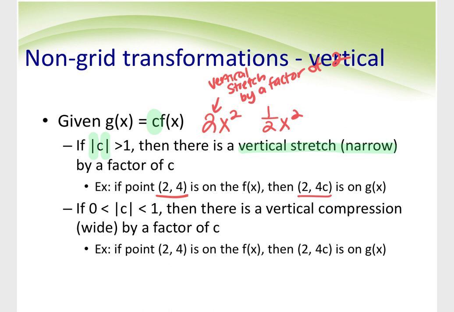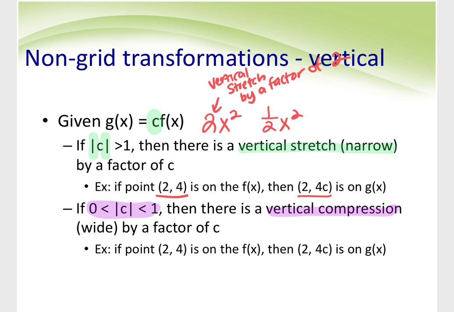And then if that value on the front, again ignoring its sign because it's absolute value, the sign is the reflection, falls between 0 and 1, so we're talking a decimal or a fraction that's less than 1, then we say a vertical compression. We used to say it makes it wide, but it's called a vertical compression. If you think about the ceiling and the floor caving in on your function, it is compressing it vertically.